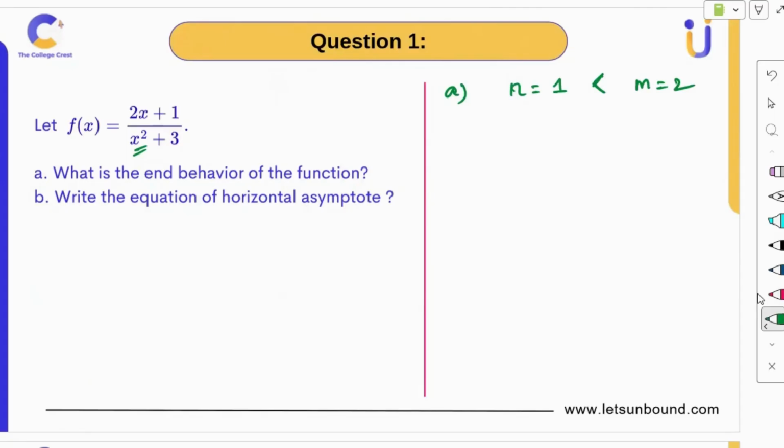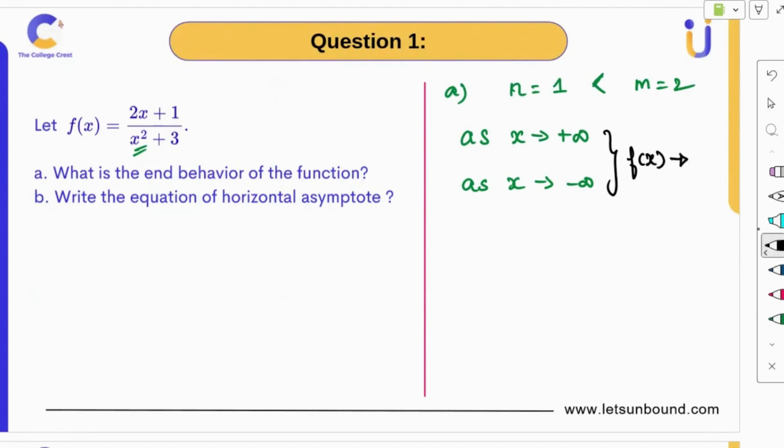So we got lesser, right? So lesser means what does the rule say? We have 3 rules. The first rule, lesser, it will approach the x-axis. Okay, so as x tends to positive infinity, as x tends to negative infinity, f of x will have the same behavior.